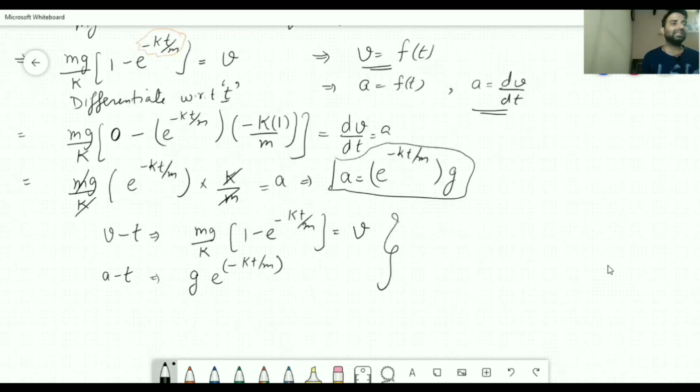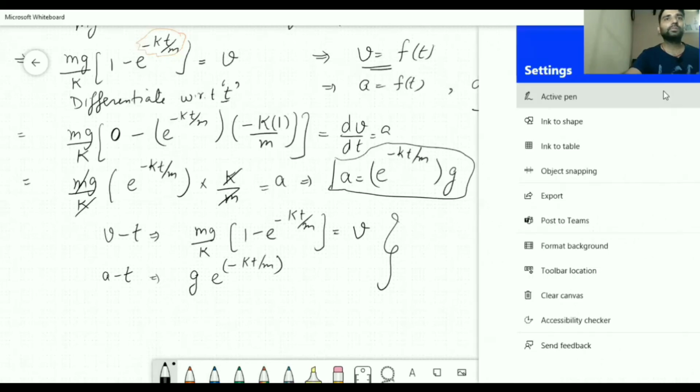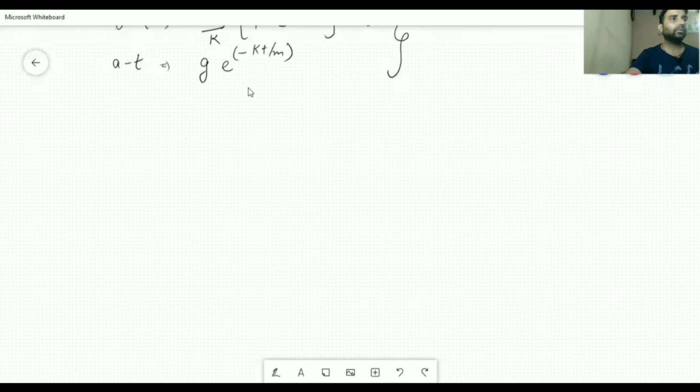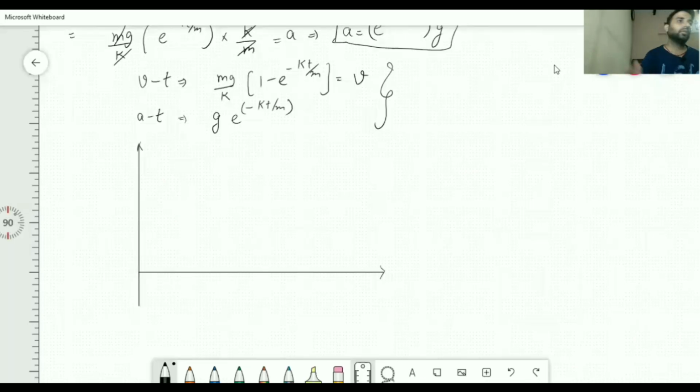Now we can also see the graph of the vt curve, right? Just a second, we just take the space. So for the vt curve, if we take a graph, say this is the v axis and this is the t axis.